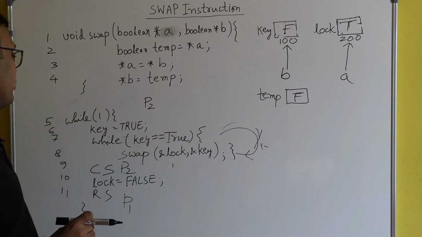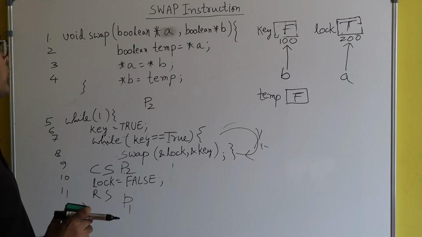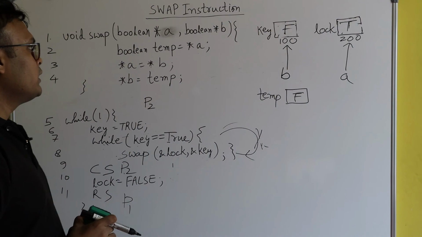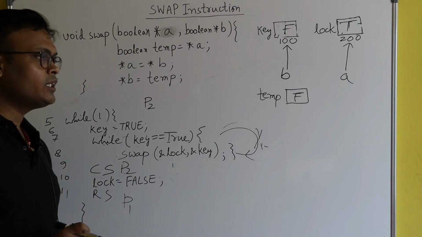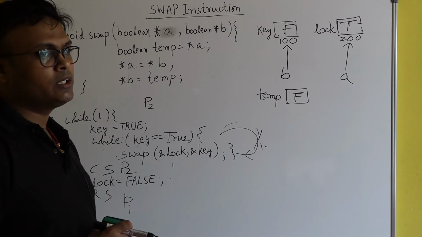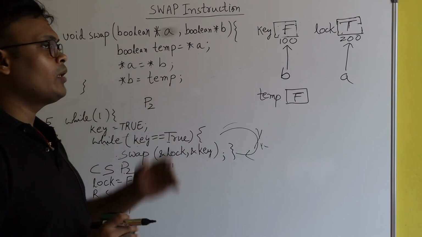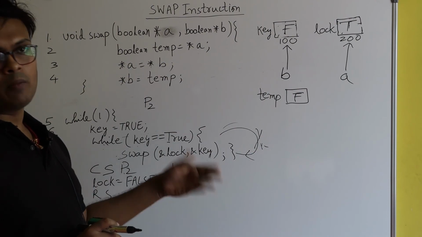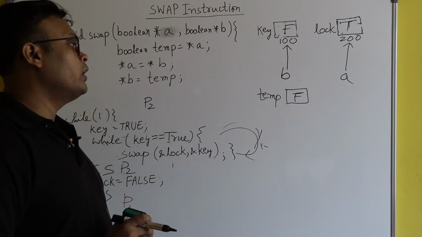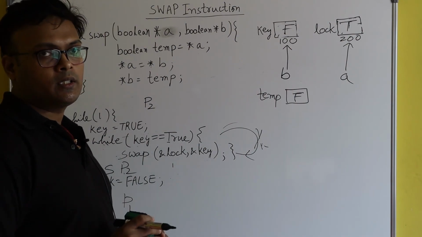Moreover, I have tried to explain each and everything, so I hope you got it. Some important theoretical points are there, like the test and set instruction. This swap instruction supports mutual exclusion, you already know, and it also supports progress.